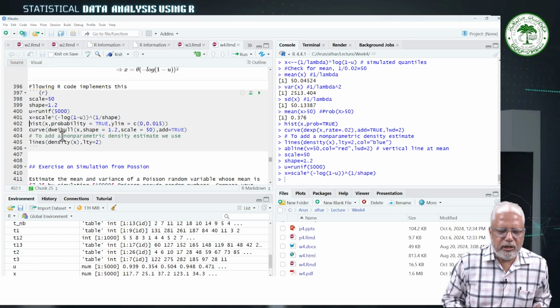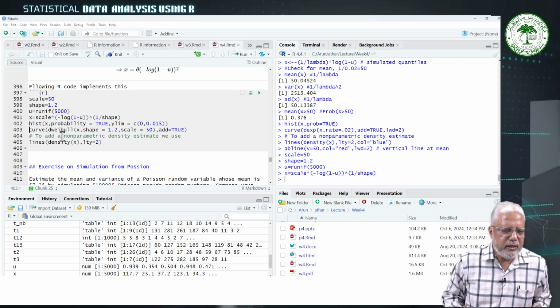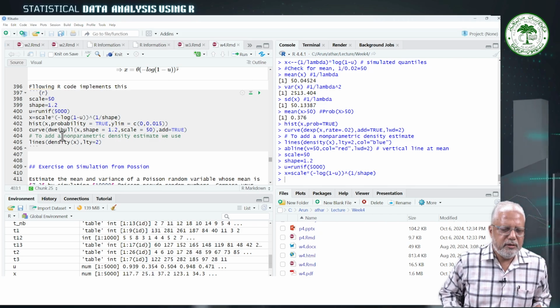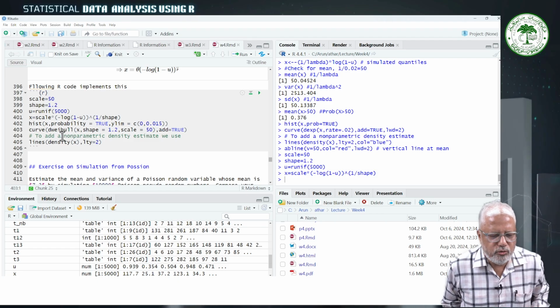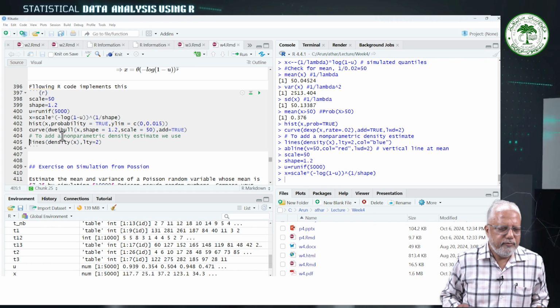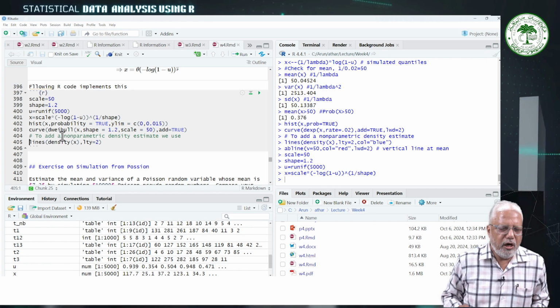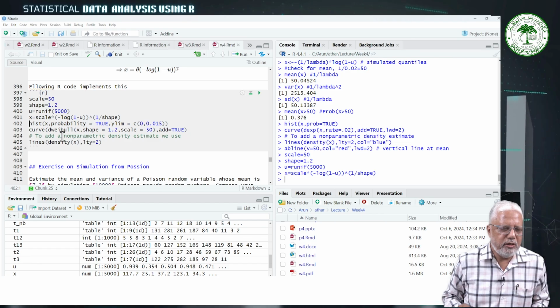And then we make a histogram of this, and then we add the exact curve of Weibull with shape equal to 1.2, scale equal to 50, LWD equal to 2, and then we add lines density, a non-parametric density curve, on the figure.